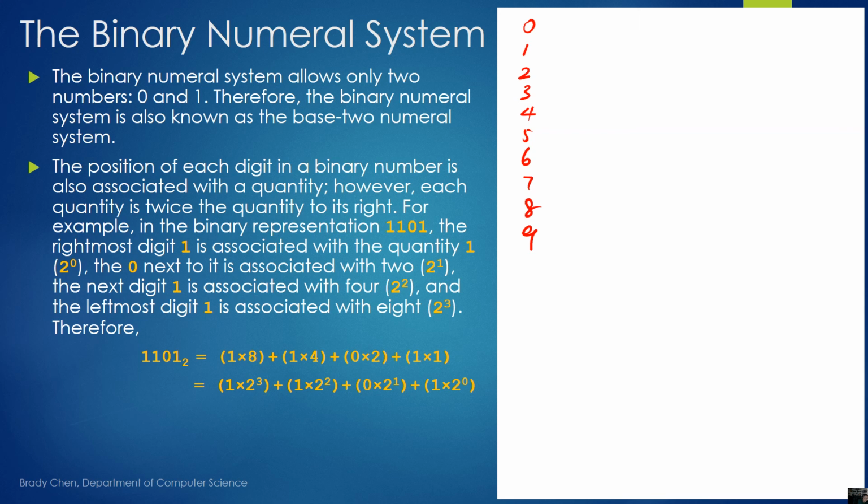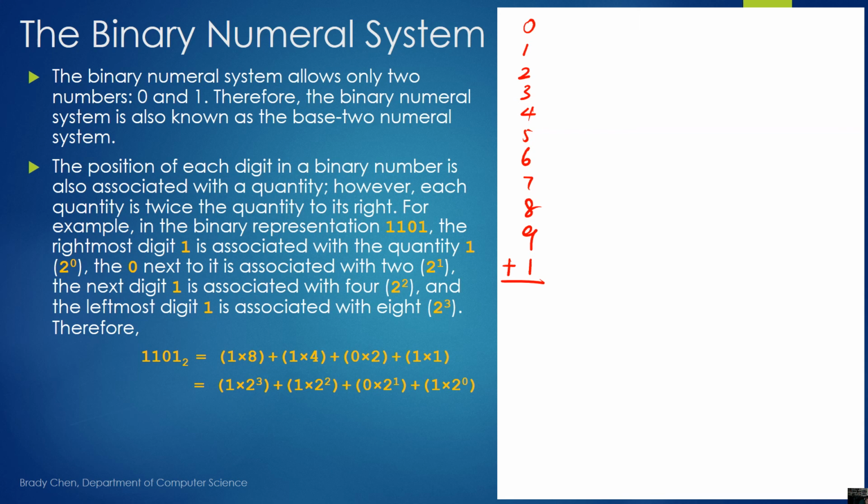Okay, so in the decimal numeral system, we can count from 0 to 9, but if we want to count a number which is 1 bigger than 9, we're going to add 1 to 9. Since 9 is the biggest symbol, we cannot introduce any more symbols.